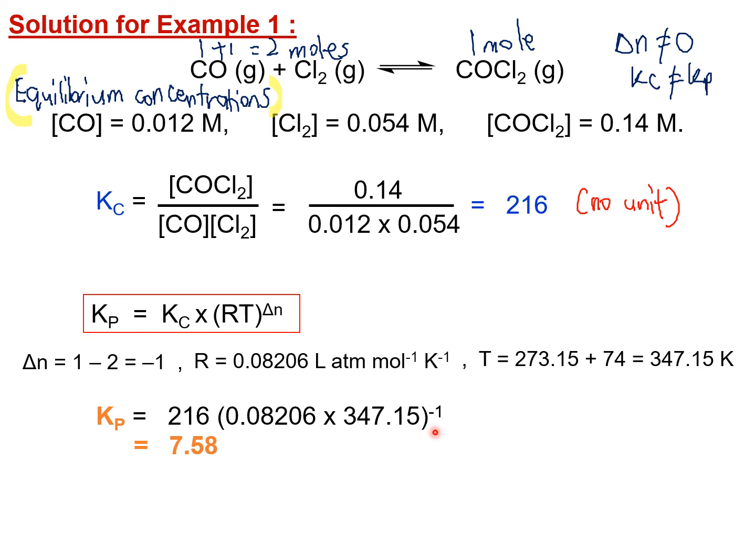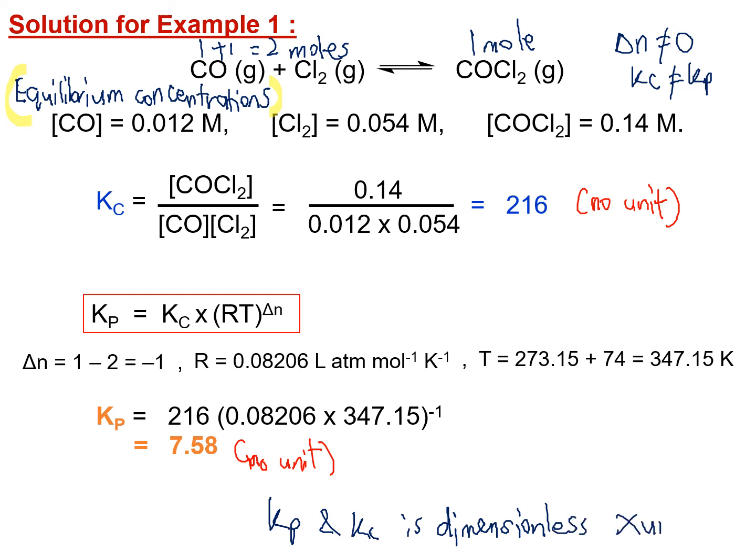So you tekan-tekanlah calculator you. I hope that your Kp value is 7.58. Again, Kp dia tak ada unit. No unit. So you need to remember Kp and Kc is dimensionless. Okay, because diorang tak ada unit. Okay, jangan memandang nak letak unit.